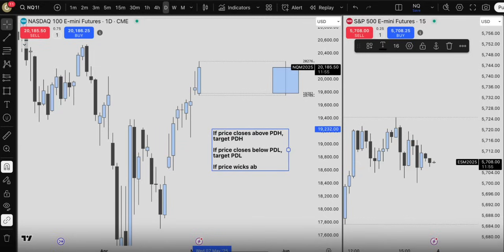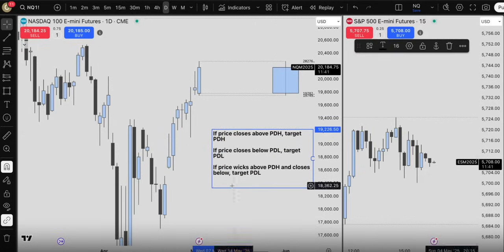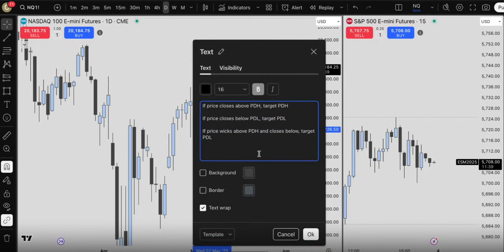Price wicks above previous day high and closes below, target previous day low. That's a bearish reversal, right? And then vice versa for the other way around. Price wicks below previous day low and closes above, target previous day high.